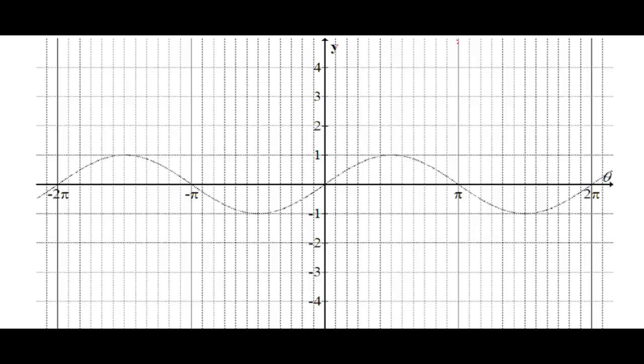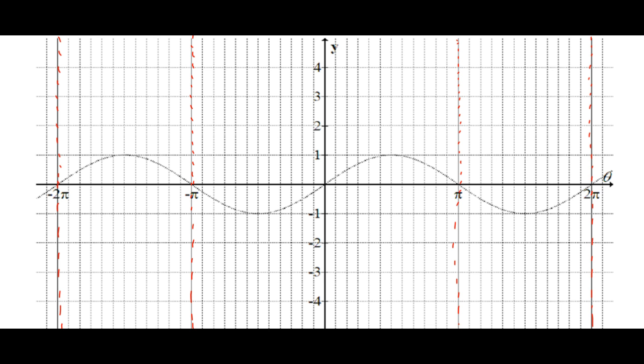You draw a vertical asymptote. So we get the zeros of the original function, the reciprocal function, we're going to be looking at 1 over 0, which is undefined, you can't do that, so we've got an asymptote.